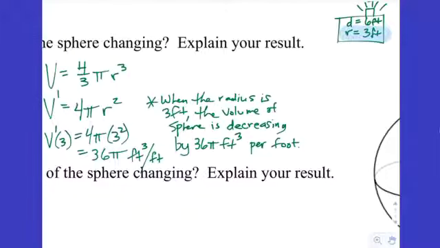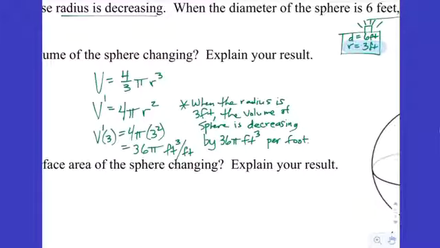Instead of per time, we say per foot, which means at that moment, if the radius were to get 1 foot smaller, the volume would decrease by another 36 pi cubic feet.